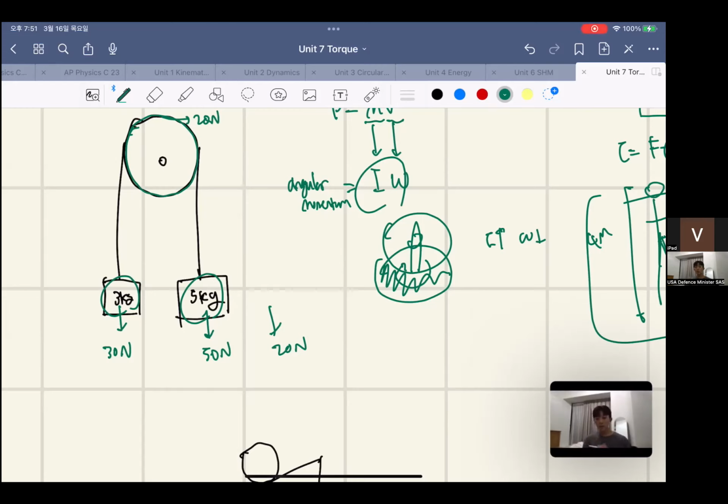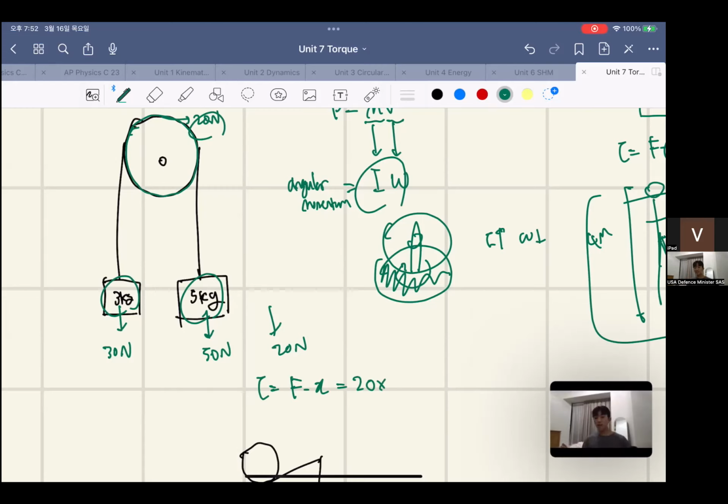Now, what would be the torque applied onto this pulley? Again, torque is equal to F times X, where F is the force, which is 20 newtons in this situation, and X is the distance from the axis of rotation to where the force is applied.